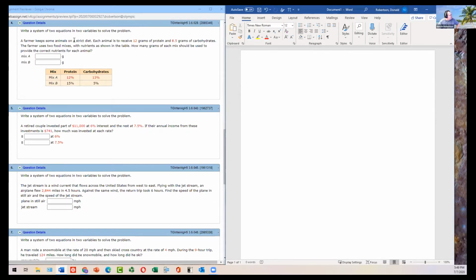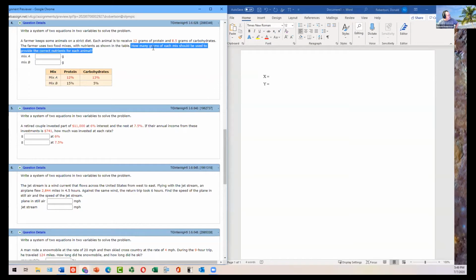So a farmer keeps some animals on a very strict diet. Each animal is to get 12 grams of protein and 8.5 grams of carbohydrate. Are we good so far? Right. Now, I need to figure out step 1. Where do I look for it? Do you notice the last part?